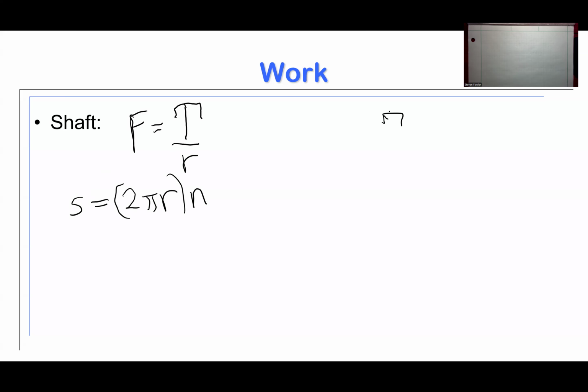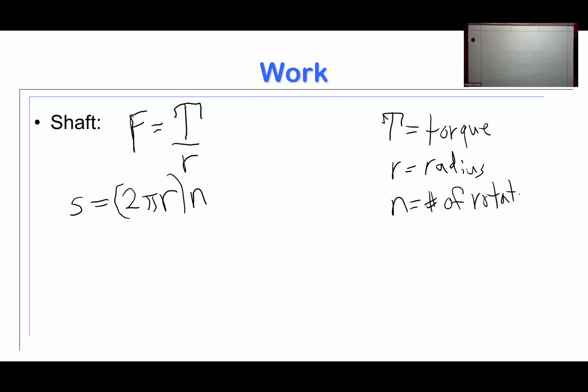Again, this capital tau here is torque. R is the radius of the shaft. N would be the number of rotations.